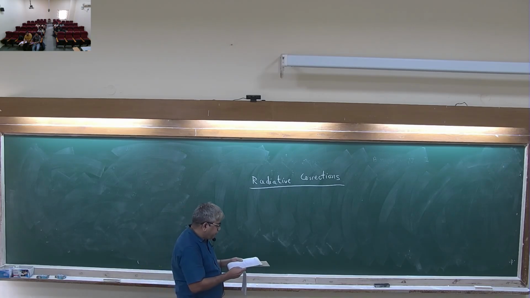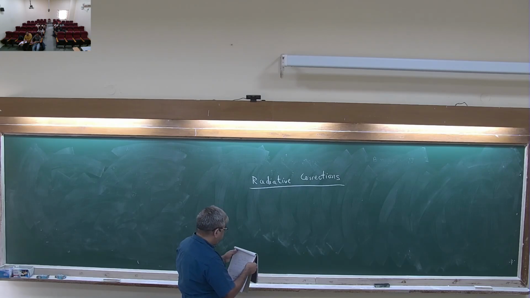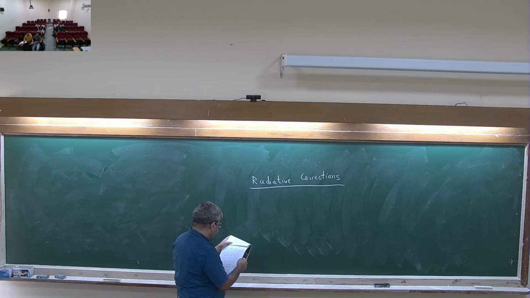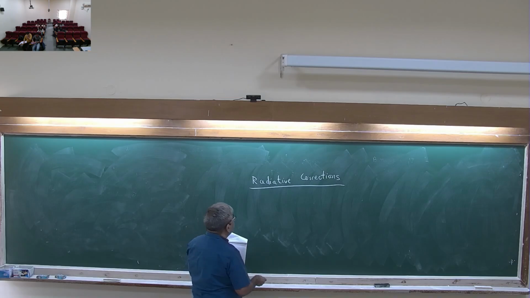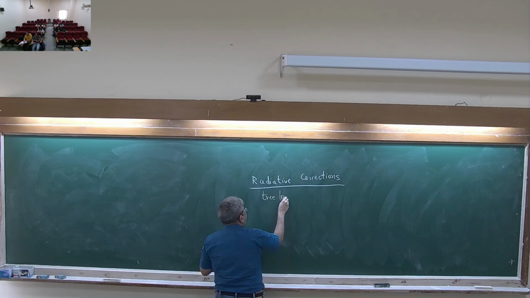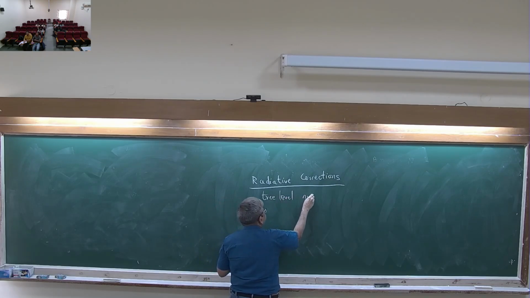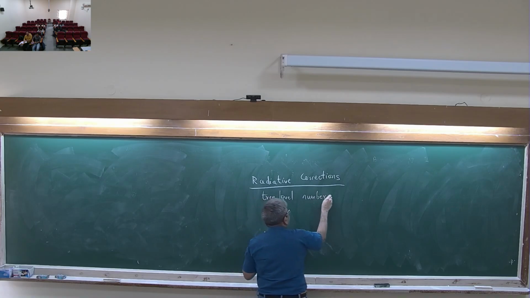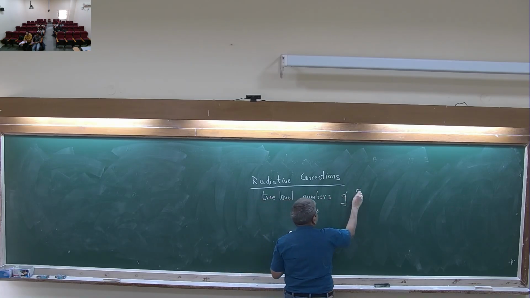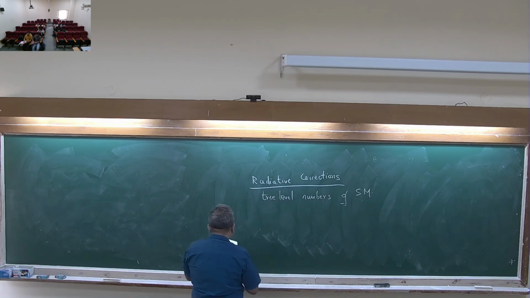For example, if you just take numbers of MW square, sin square theta W and everything, and calculate tree level numbers of the standard model. Tree level number means without radiative correction.